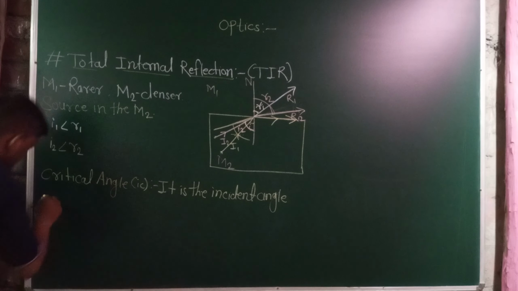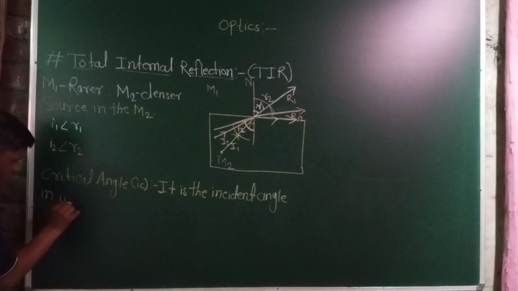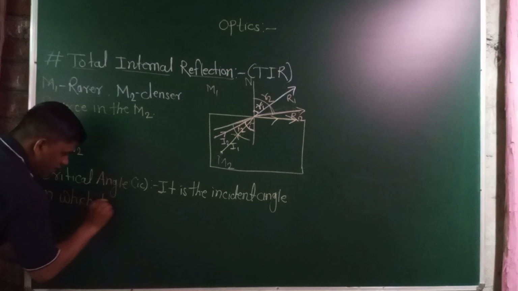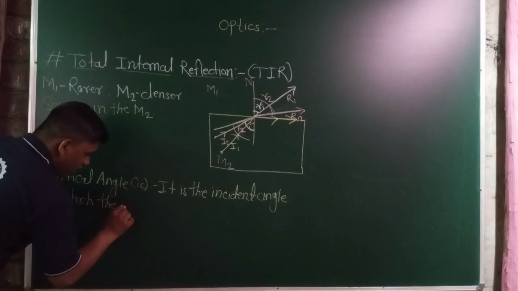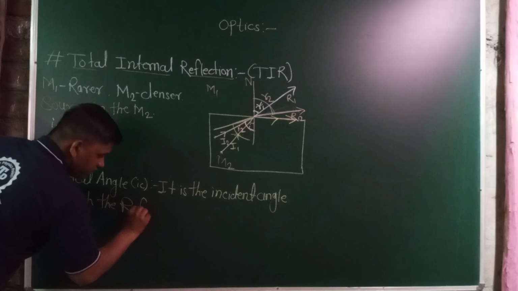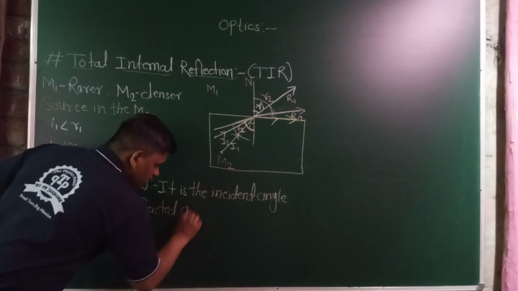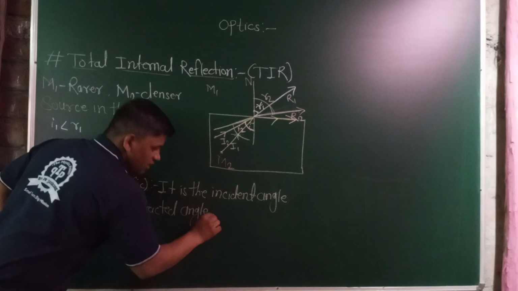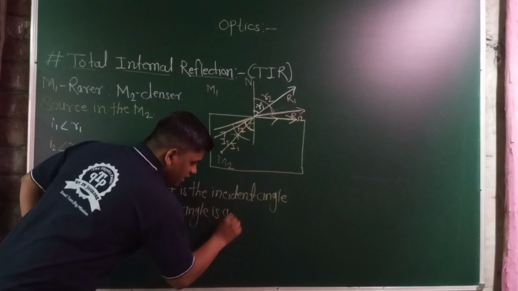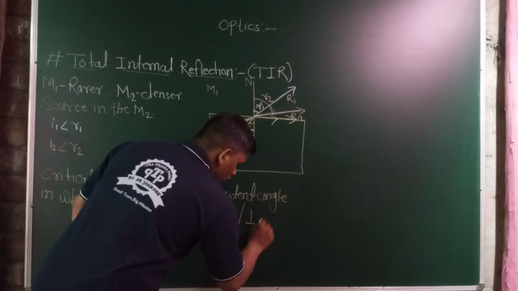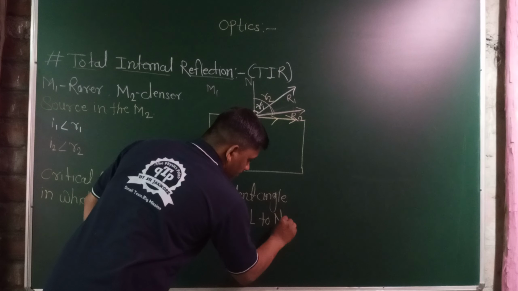It is the incident angle in which the refracted angle is 90 degrees or perpendicular to the normal.